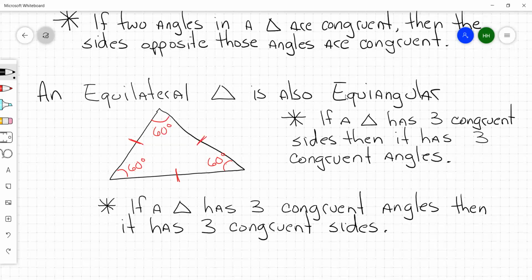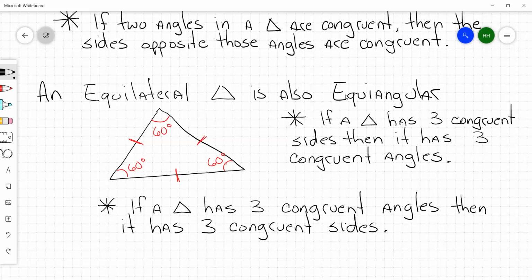Equiangular means equal angles. Equilateral is equal sides. Equiangular is equal angles. Everybody all right with that?